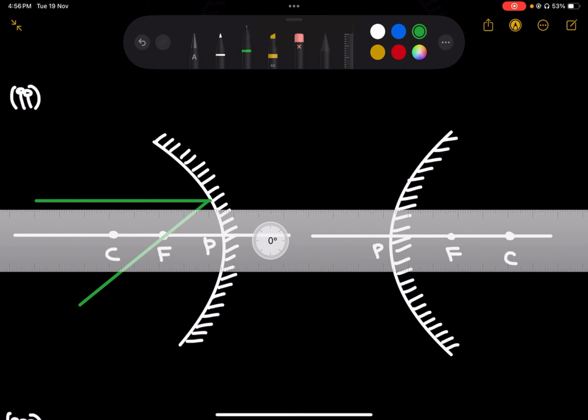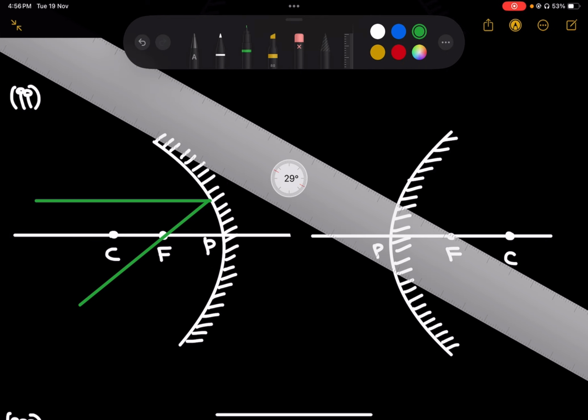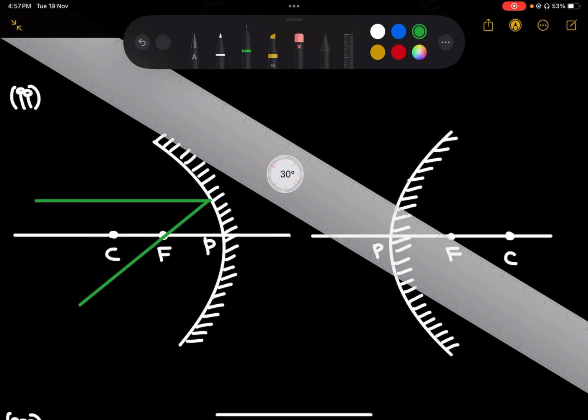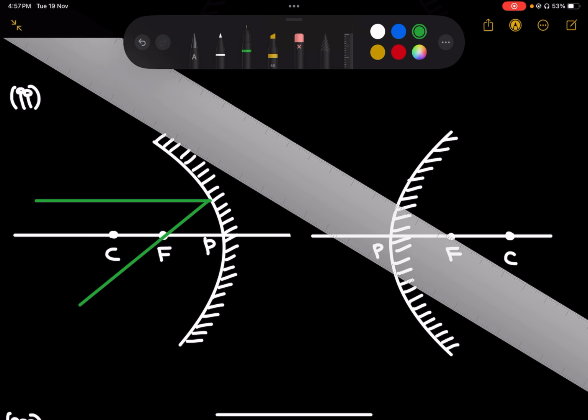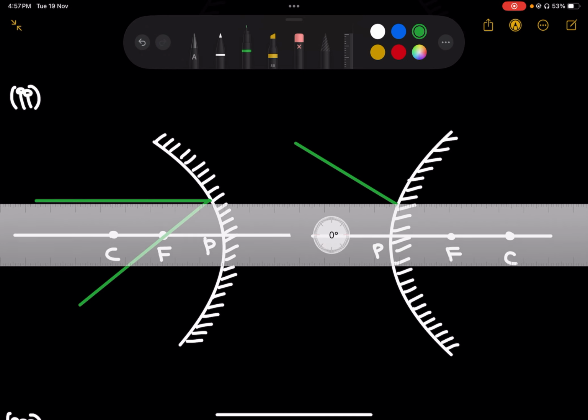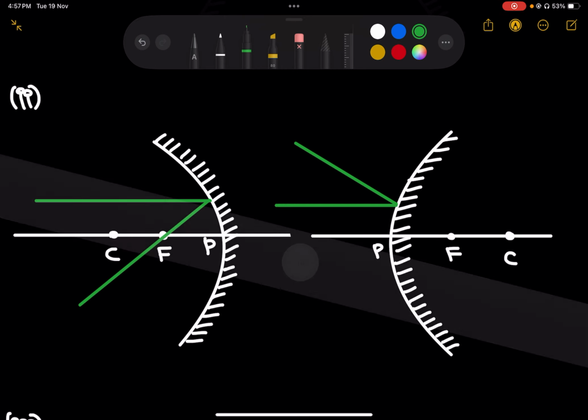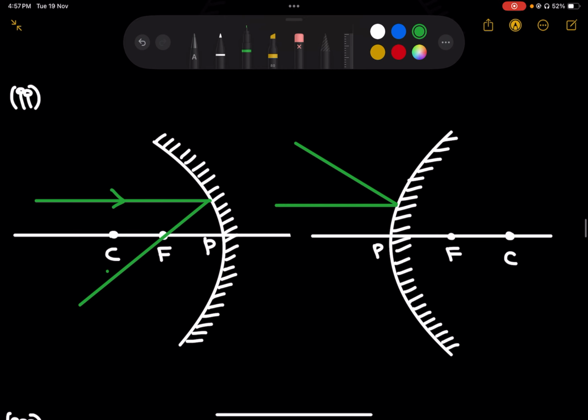Similarly for convex mirror here, if it is thrown, it appears to go towards the focus, right? It's like this. If it appears to go towards the focus, it will be reflected parallel to the principal axis. So like this, like this, like this, like this. Understood?